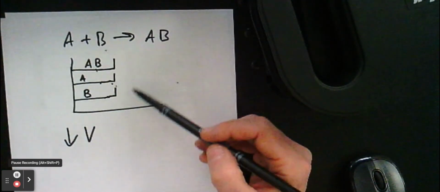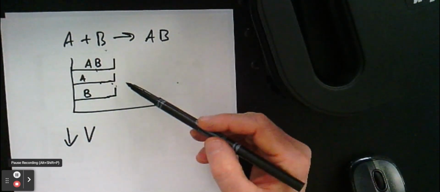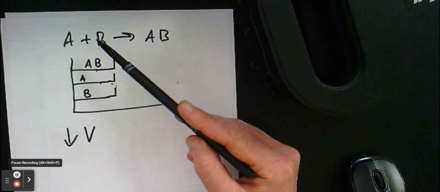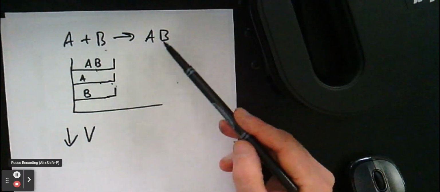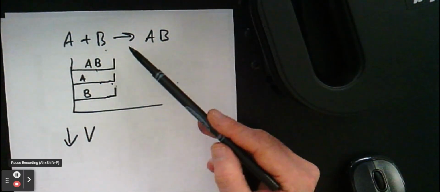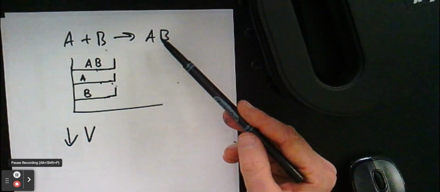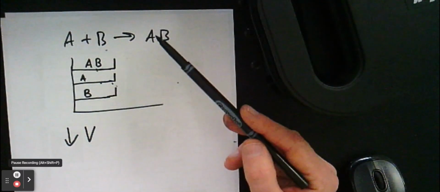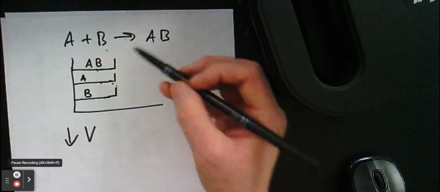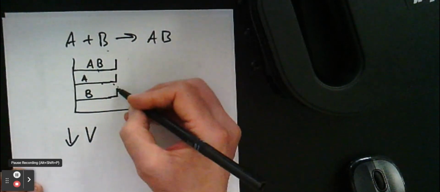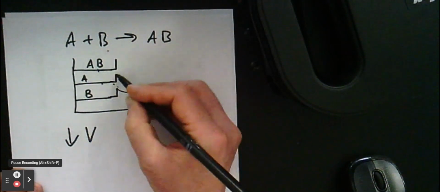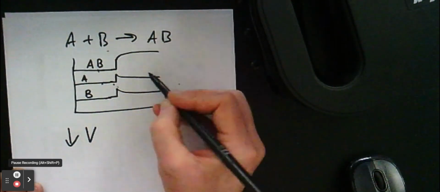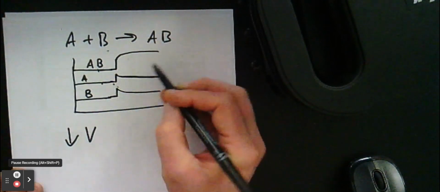If I decrease the volume, the system is going to want to decrease the pressure. It wants to create fewer particles. So that's going to shift the equilibrium to the right, because that has fewer particles and less pressure. So the concentration of AB would go like this, and A and B would go like that until equilibrium was reestablished.